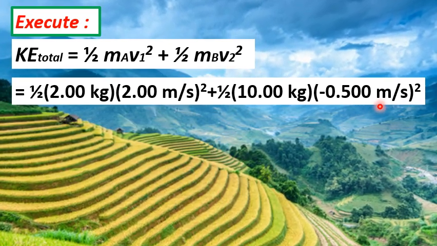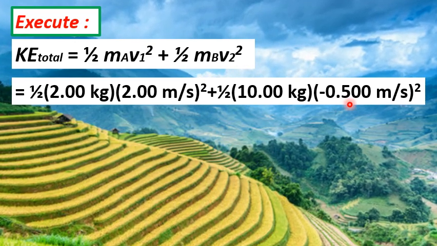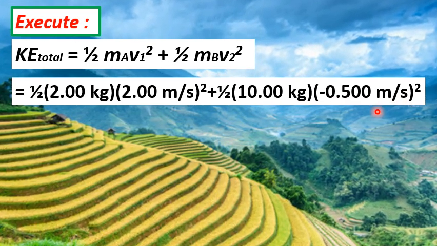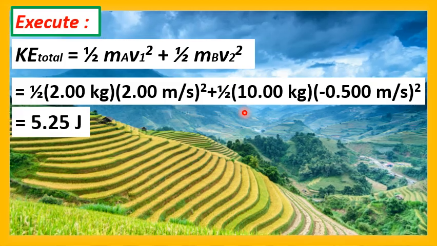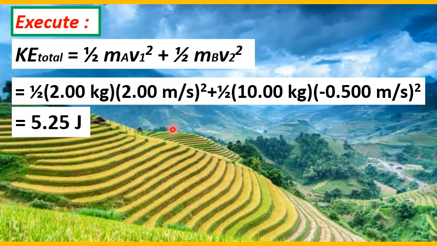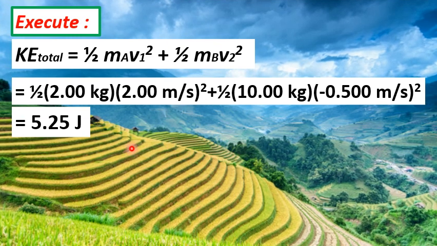When we do the math, we find the total kinetic energy of the system before the collision equal to 5.25 joules in three significant figures.